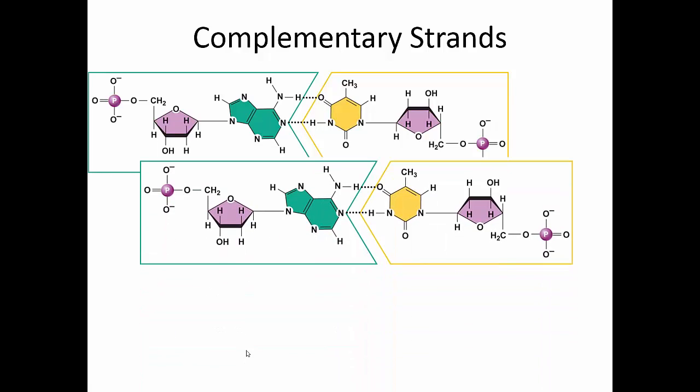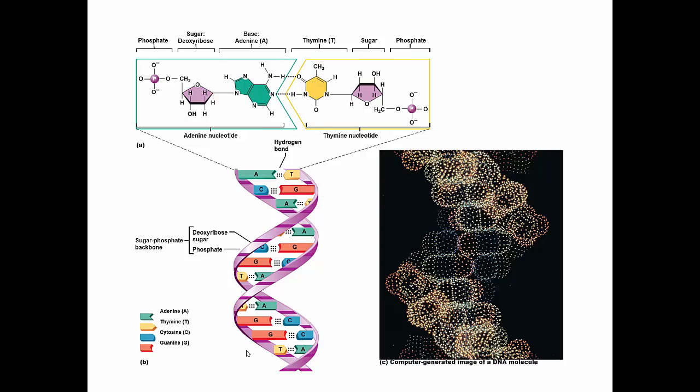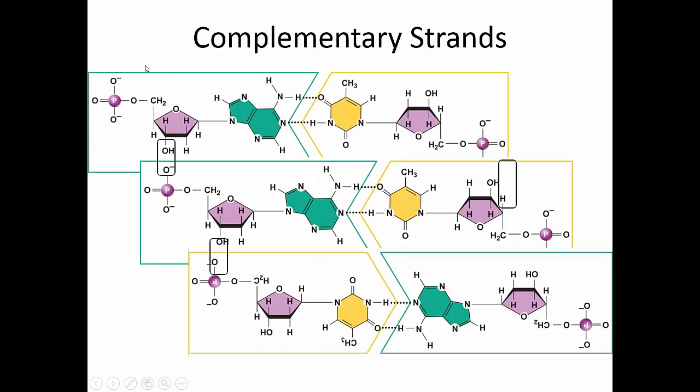So to make the complete DNA structure, you take 2 strands, strand 1 here, which we already saw, and strand 2 here, and you stick them together, and they're held together by these hydrogen bonds. So here we just have AT, AT, TA, but in a long strand there would be G's and C's in there.